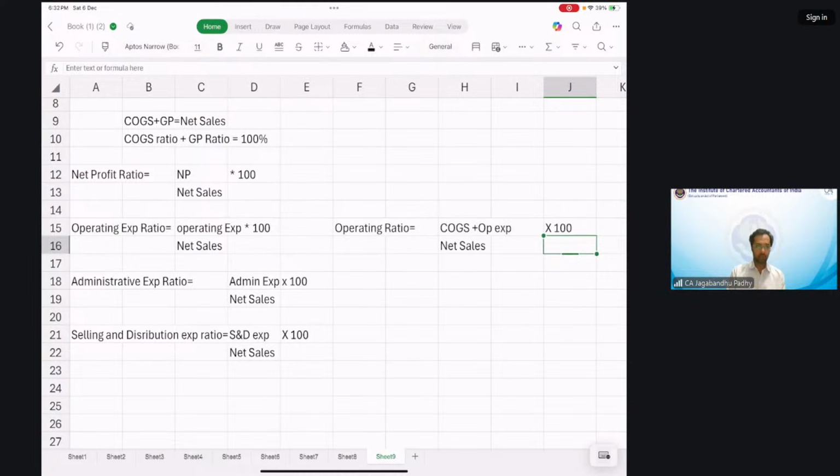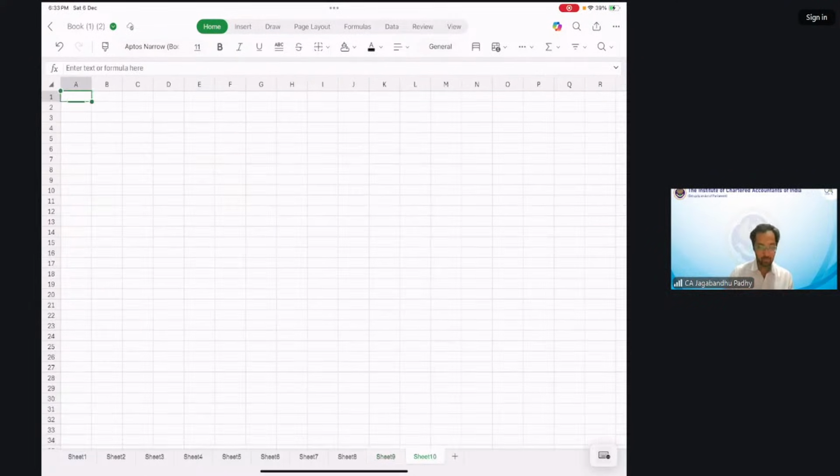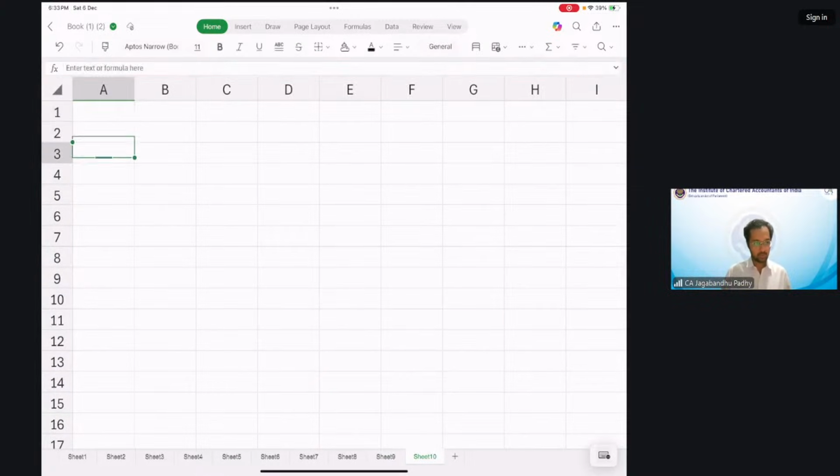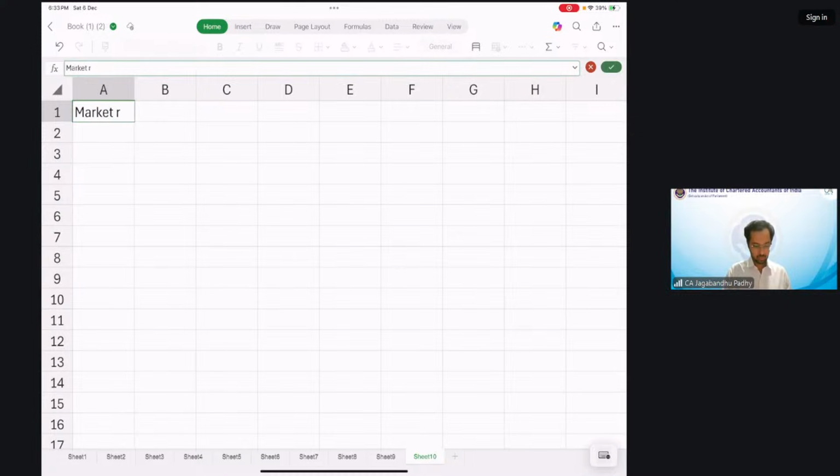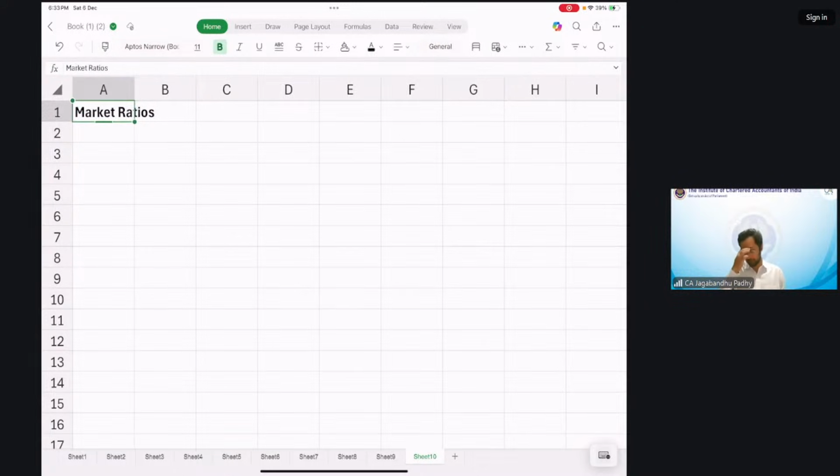Okay, so these are some of the P&L ratios, guys. Now let us look at the market ratios.